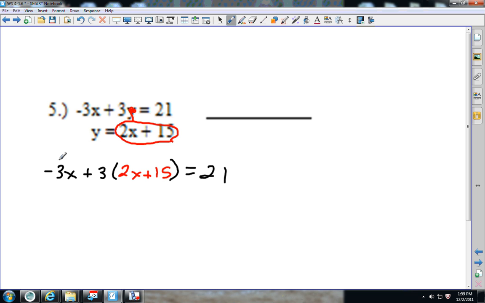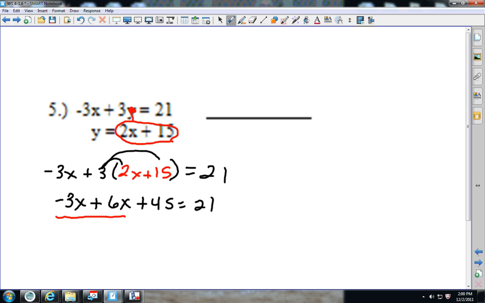Okay, now this negative 3x comes down, but this 3 is outside the parentheses, so you have to do hippity-hoppity distributive property. That's really just called distributive property, but hippity-hoppity is what I call it. 3 times 2 is 6x. 3 times 15 is 45, and it equals 21. Well, now these two go together.